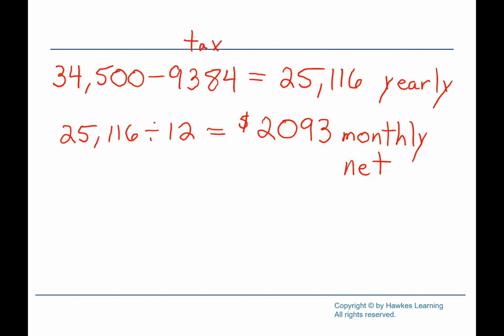If you get paid weekly, because we have 52 weeks in a year, it doesn't divide evenly by 4, right? So every 3 months we have a 5-week month. Okay. So it gets a little trickier there, but we'll work with our monthly income here to make our budget.